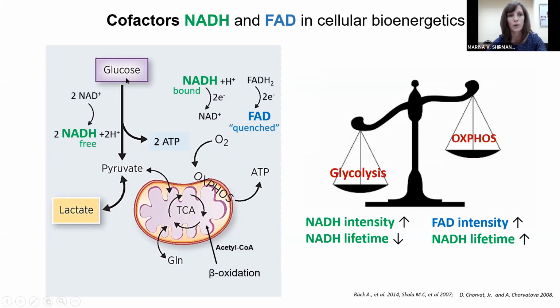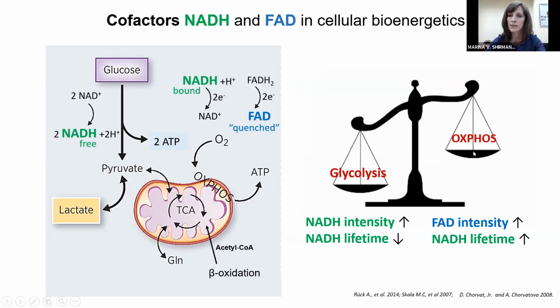Depending on the metabolic pathways that prevail in the cells, we can detect changes in cellular autofluorescence. If glycolysis dominates in the cells, if the rate of glycolysis increases, NADH fluorescence intensity increases because NADH is produced during glycolysis, but fluorescence lifetime of NADH decreases because glycolytic NADH is in the free state, with short fluorescence lifetime.